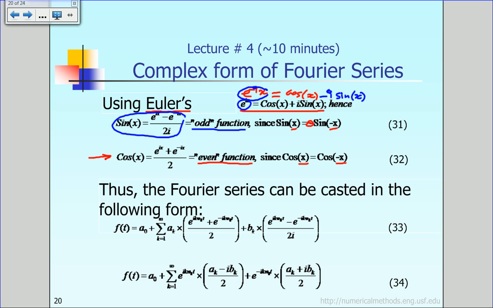Now let's take a look at the Fourier series.